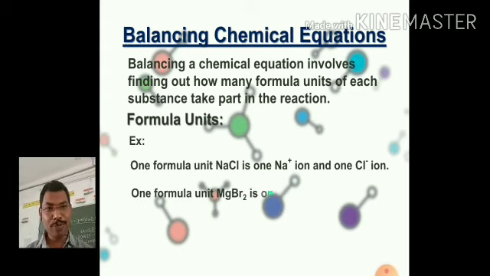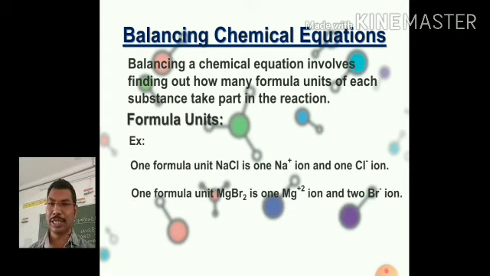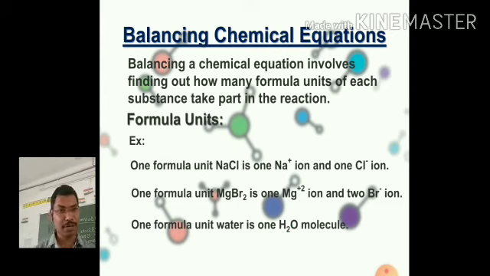And one formula unit of magnesium bromide, MgBr2, provides one Mg2+ ion and 2 bromide ions, because 2 is written as a subscript to the bromine. Now one formula unit of water means 1 H2O molecule. That's it. Don't write it as 1 H+ ion and 1 OH- ion. It never happens; only by electrolysis will we get it.